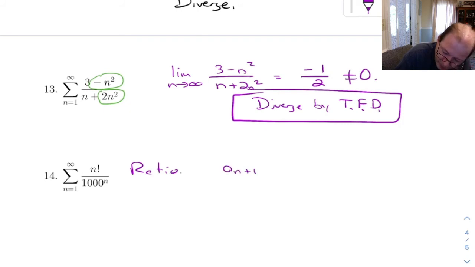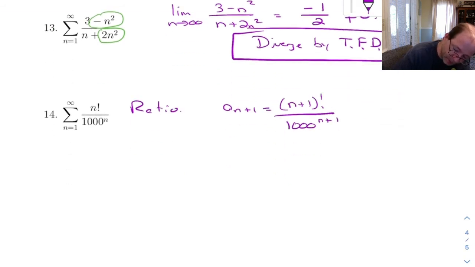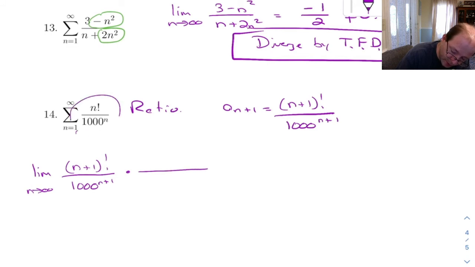The n plus first term is going to be n plus 1 factorial over 1,000 to the n plus 1. So I'm going to take my limit as n goes to infinity. The n plus first term is n plus 1 factorial over 1,000 to the n plus 1, times the reciprocal of the original thing.